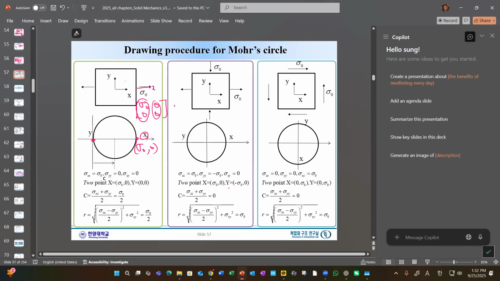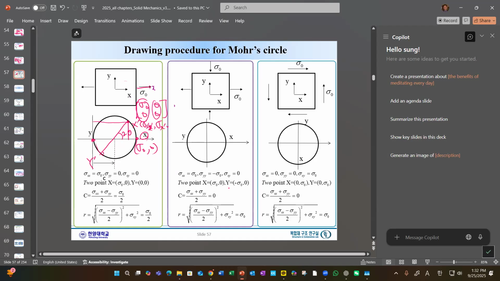Now, once you have x and y, you can rotate 2 theta, and you will have an x prime, and this guy will have a y prime. And then this much will be the sigma x prime, y prime, and this one will be sigma x prime.